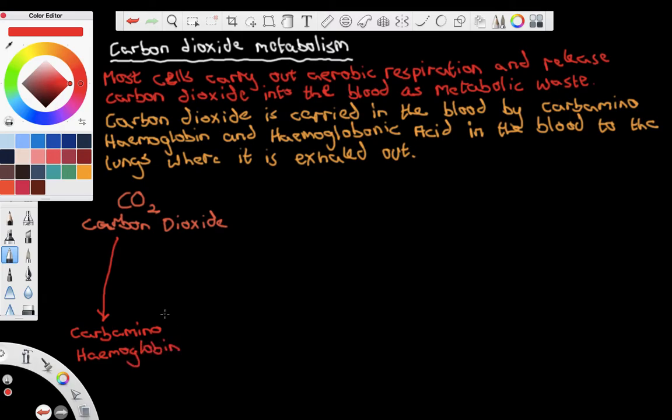Okay, so CO2 is combined with hemoglobin. That's a nice simple one. So CO2 in the blood can be combined with hemoglobin to form carbaminohemoglobin.